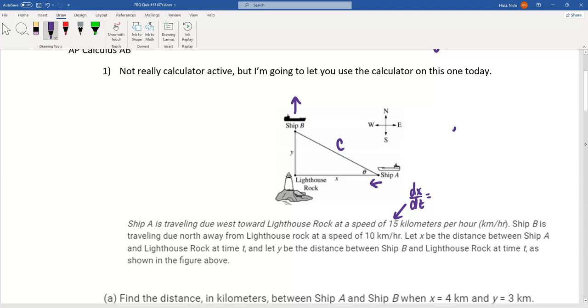Now they gave me speed. Speed's always positive. Is x increasing or decreasing? The length of this bottom side. Decreasing because the ship is moving towards the rock. So we'll have negative 15 for dx dt. They also gave me 10 kilometers per hour here for ship B. So that is going to be, the ship B is moving away, that's going to be dy dt.